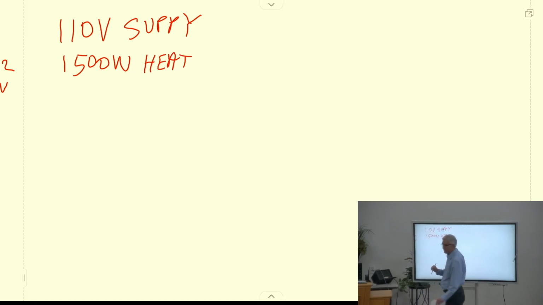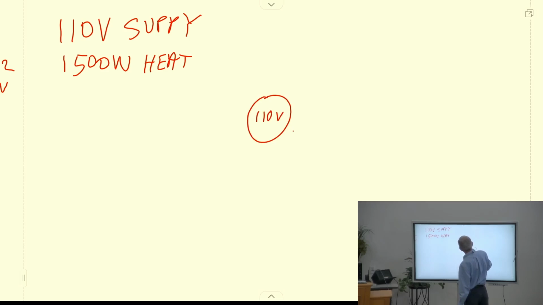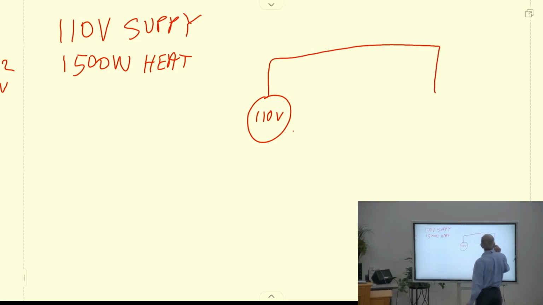Okay? So our circuit is pretty simple here. We have the supply again. It's the 110 volt supply, and we're going to run that into our space heater, and we'll use a symbol of a resistive element. So this is a symbol of a resistor. Okay? That's a resistor.